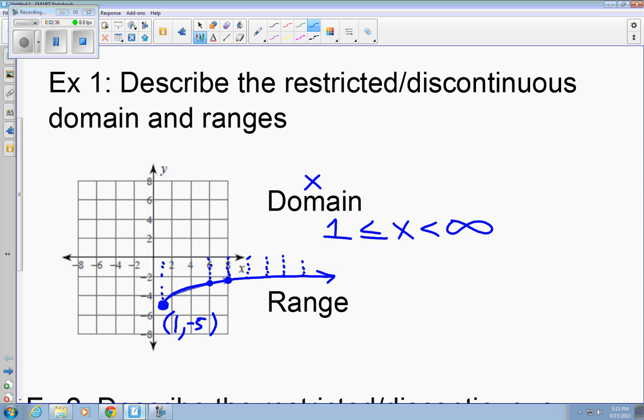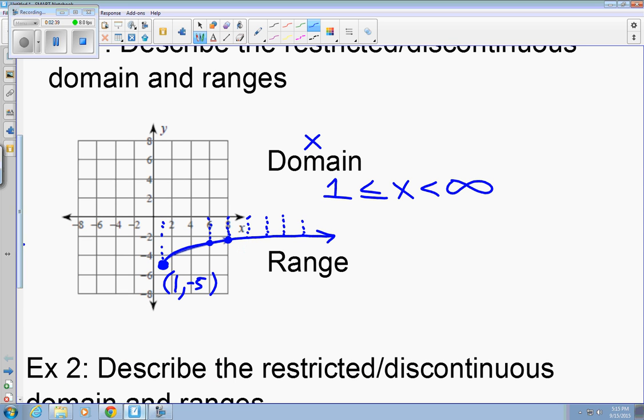The range, you talk about the y values. It's the lowest y value of this graph, which looks like it's at -5. Again, this point is included, so we include it with less than or equal to. As we follow this graph, it's continually creeping up just a little.